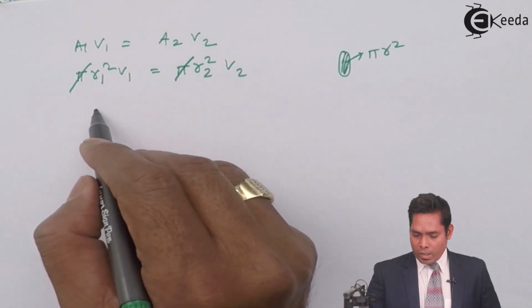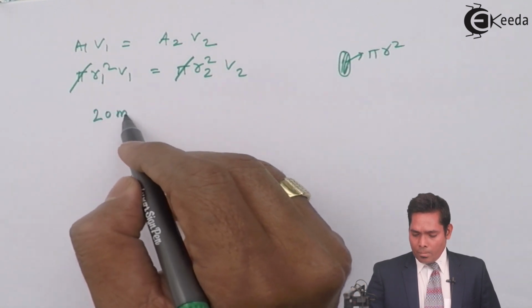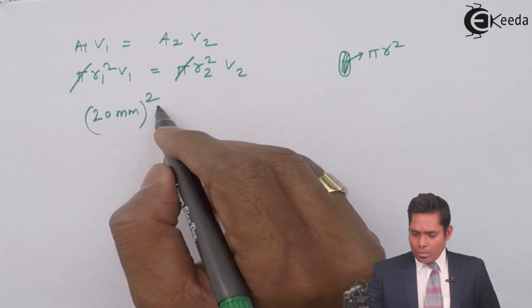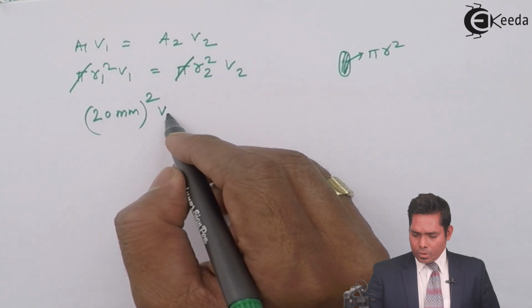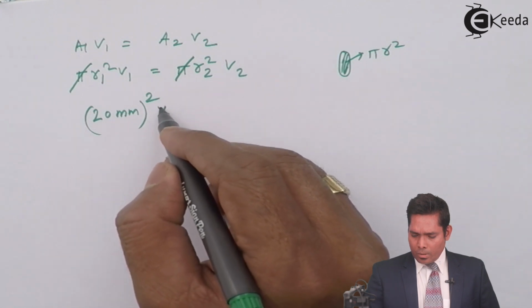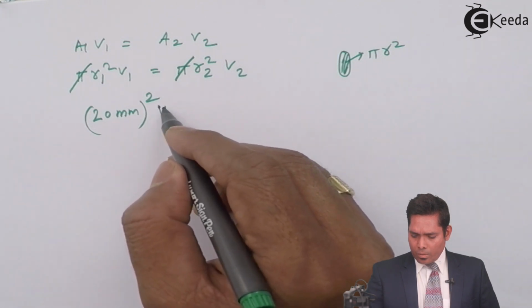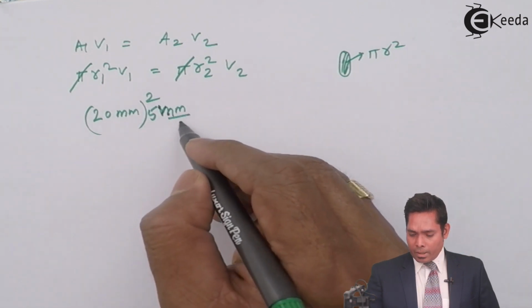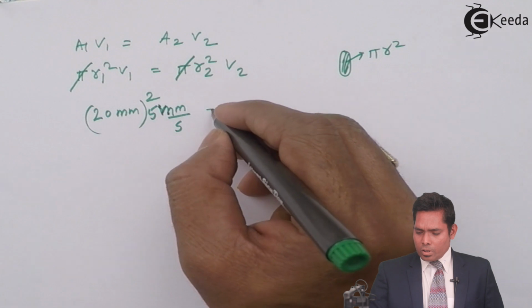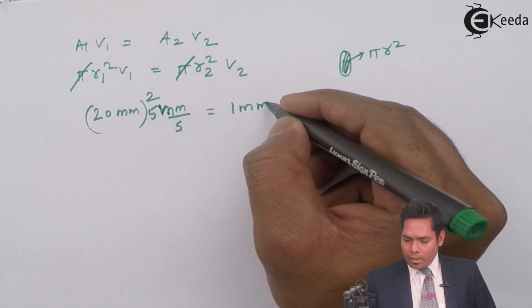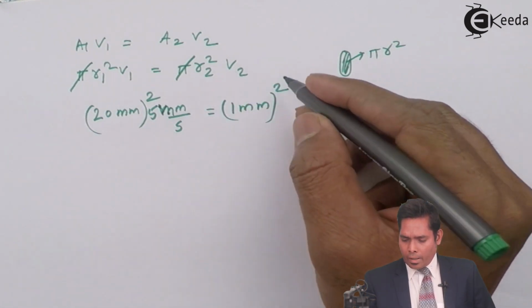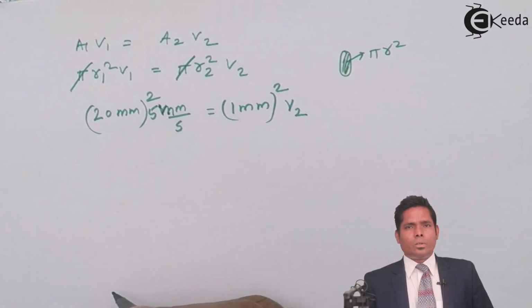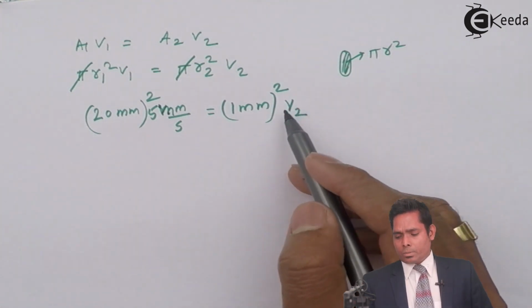R1 square is 20 mm square, V1 is 5 mm per second, equals 1 mm square times V2, which is our requirement, the speed of air.